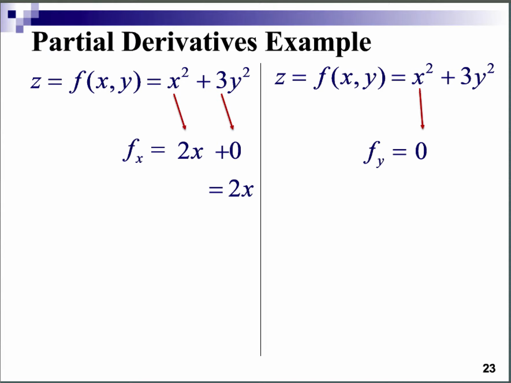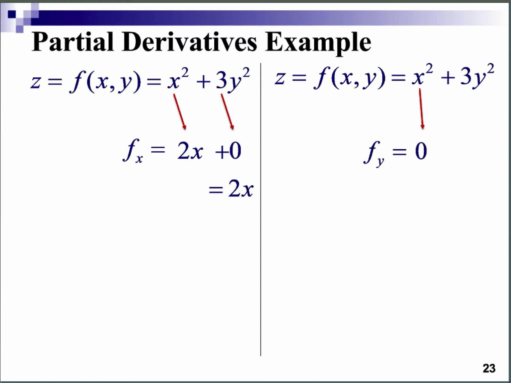So y is what's allowed to change. Y is the variable here. Every other independent variable, in this case x, behaves as though it's a constant. So when we took the partial with respect to x a minute ago, x was changing. Now x is not changing. X is no longer a variable. X is a constant, so x squared is also a constant.